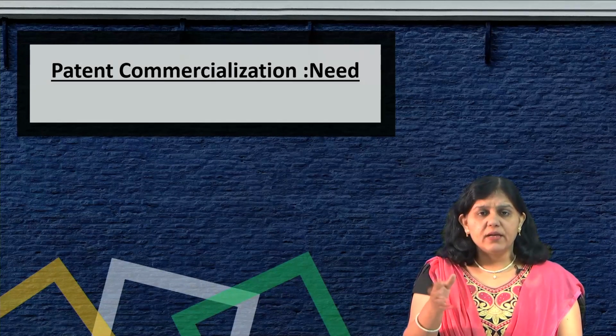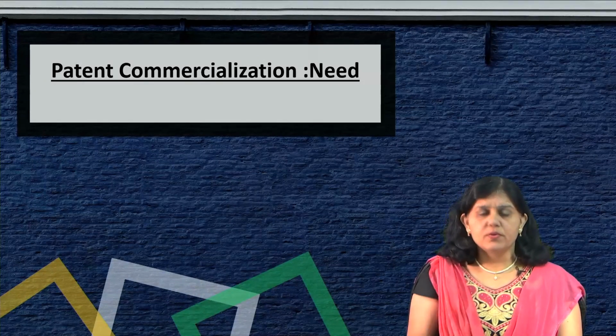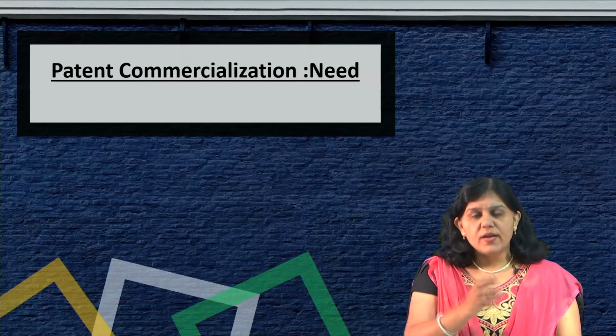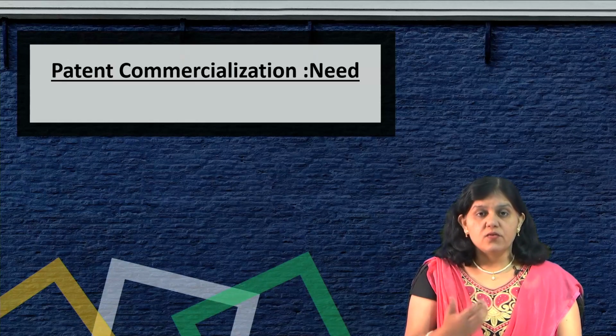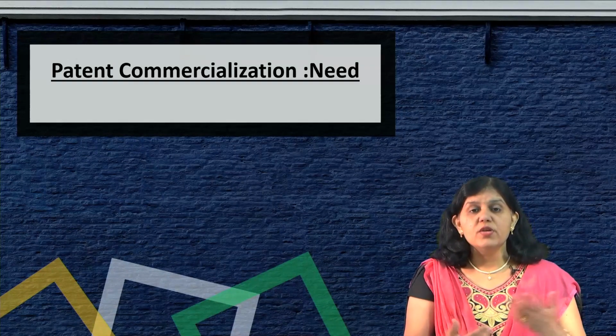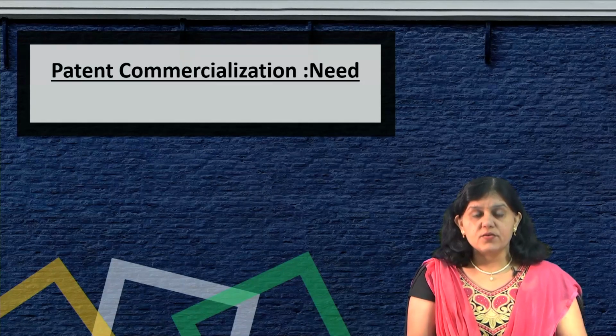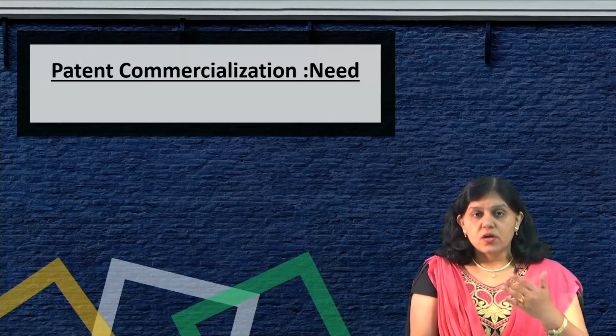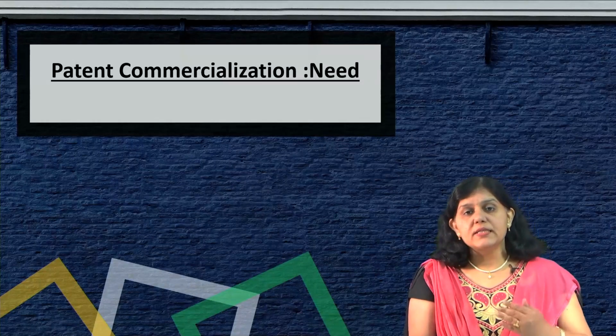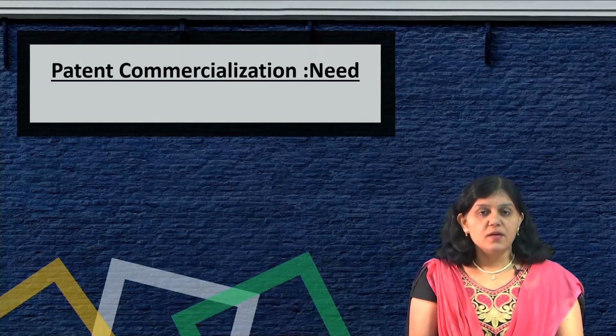Then you know the timeline for completing everything else, and you can immediately start activities for fund generation. You can communicate with angel investors, you can communicate with the bank. So remember, commercialization activity starts as soon as you secure the priority.